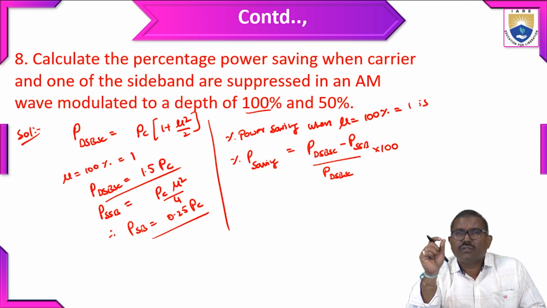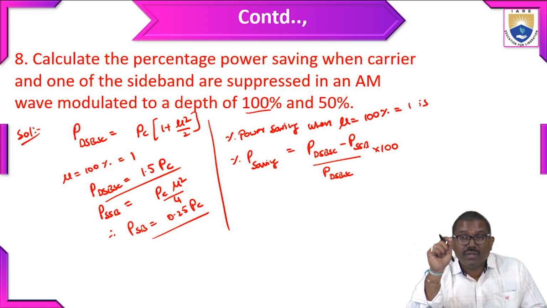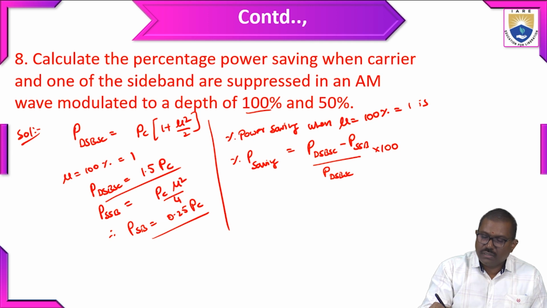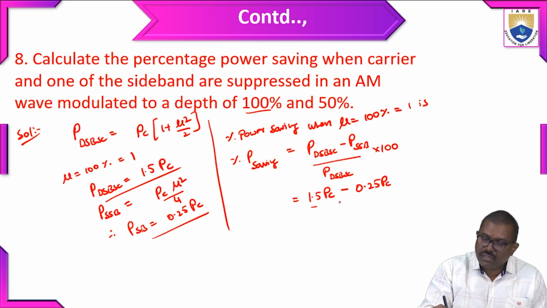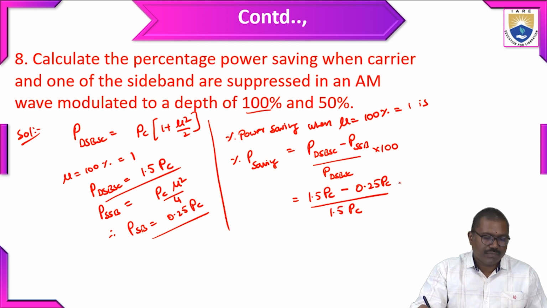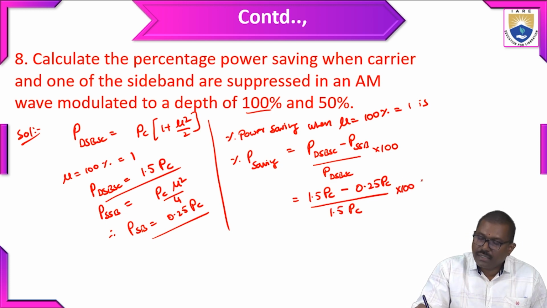So that is 1.5 Pc minus 0.25 Pc divided by 1.5 Pc into 100.